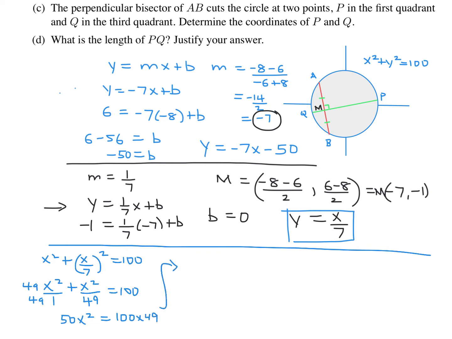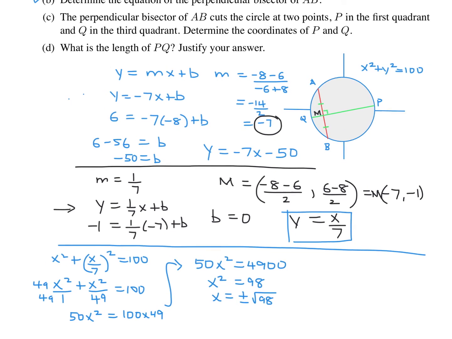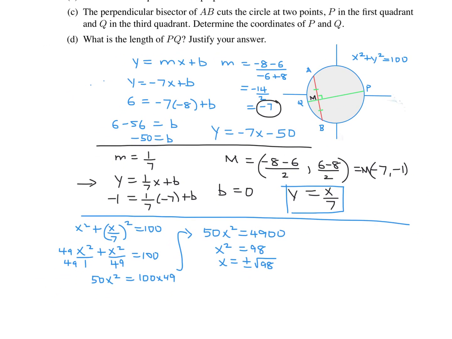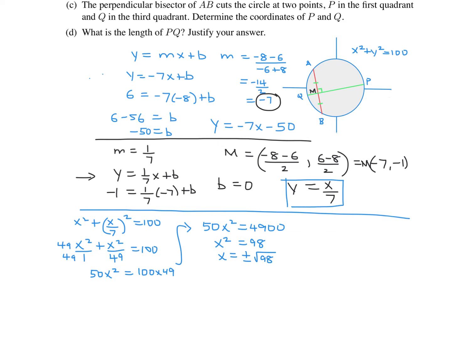Continuing, we get 50x squared is equal to 4,900. Divide through by 50 and you get x squared is equal to 98. Therefore, x is equal to plus or minus the square root of 98, which is, what is the square root of 98 in terms of a mixed radical? What is that, 7? Yeah, 7 root 2.